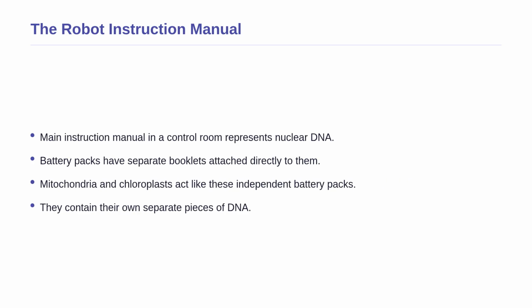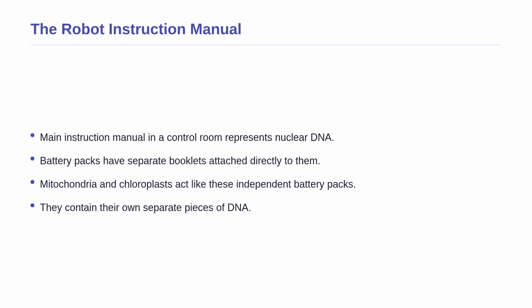To understand how this works, imagine you are building a highly complex robot. The main instruction manual is kept safely in a central control room. This central manual is just like the DNA inside the nucleus of a cell, dictating almost everything about how the robot is built.